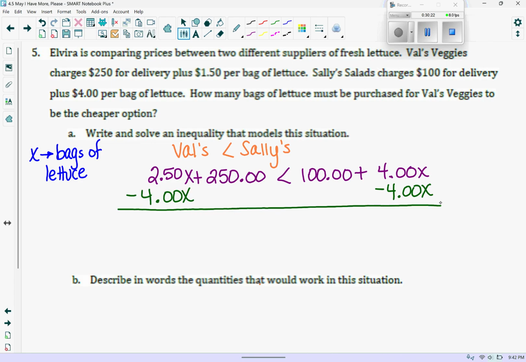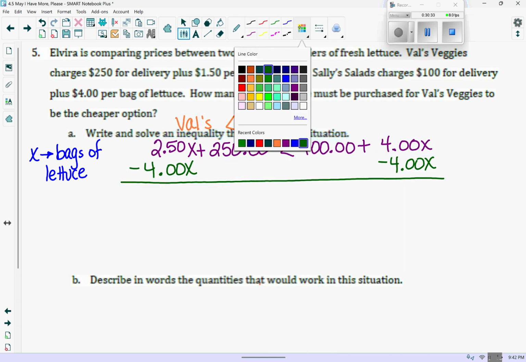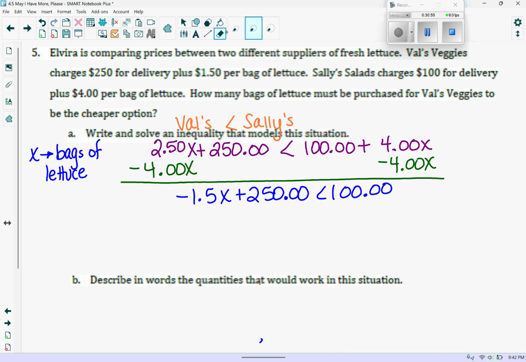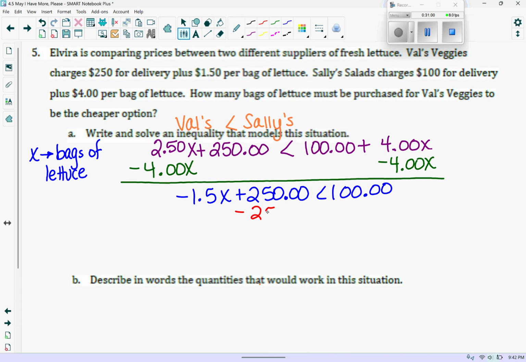And since I write so fat, I'm going to move this around a little bit so that I got room. All right. So I got negative 1.5x plus $250 is less than $100. All right, now let's get our money on the same side. Subtract 250.